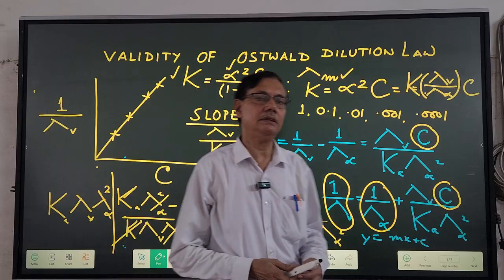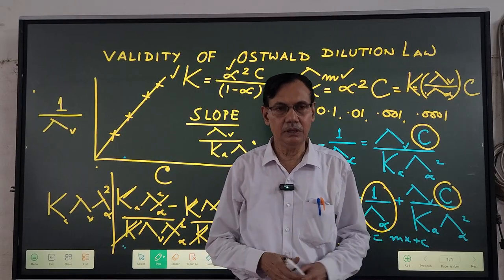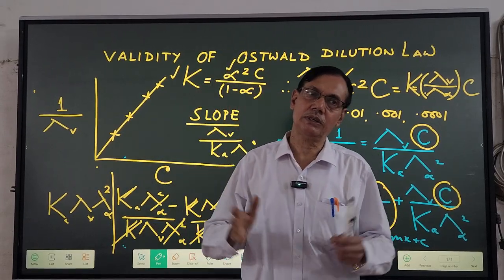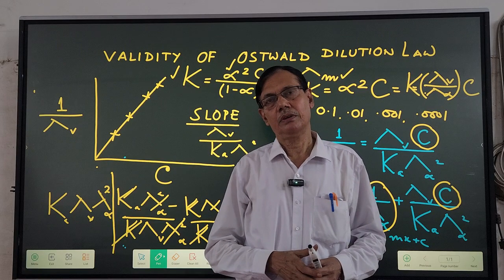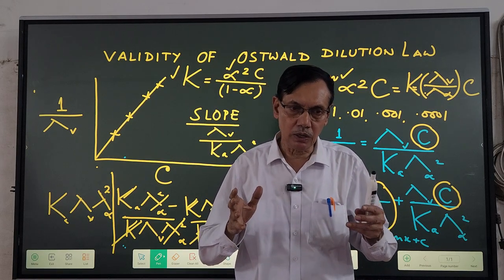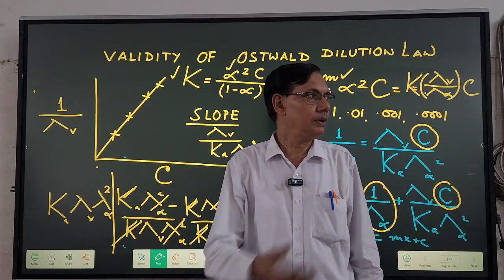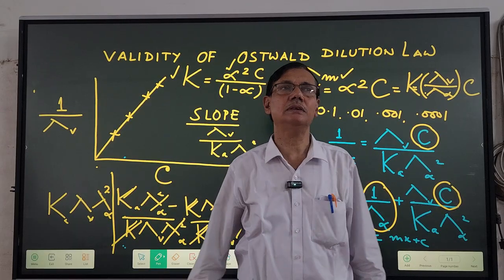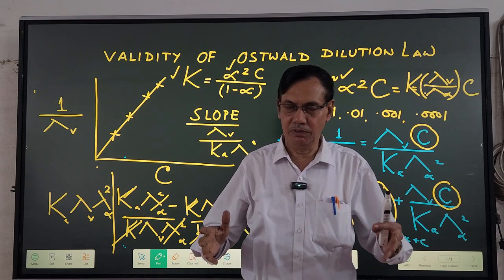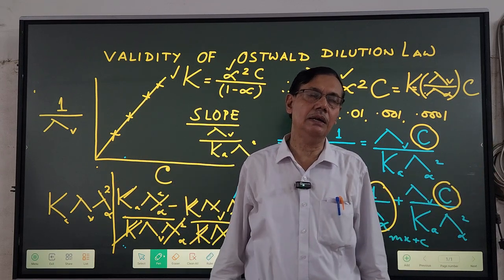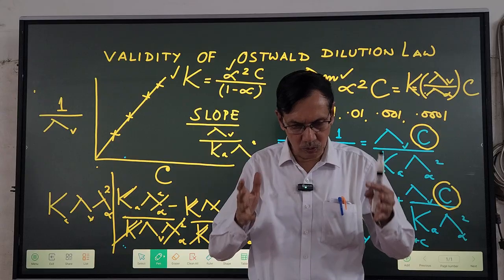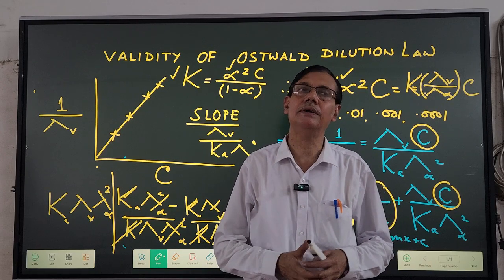So let me summarize the things. Today I have discussed the very simple equation of your B.Sc B.Ed, that is the Ostwald dilution law. Because you will become a teacher, I have given some special type of equations. From the school level you are learning these things, but you know that dissociation and ionization is very important.